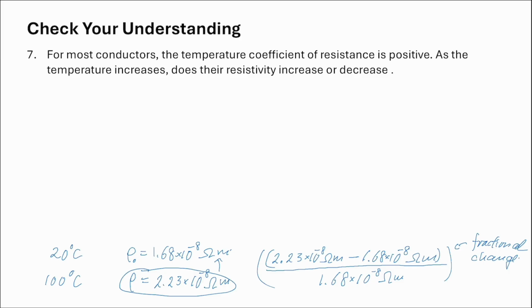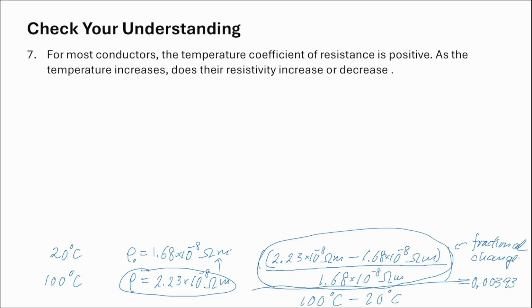So the fractional change doesn't have any unit, it's a ratio. Now we calculate per temperature change. It means we divide all this value by the change in temperature, 100 degrees Celsius minus 20 degrees Celsius. So the number you will find in this case is 0.00393 per Celsius.